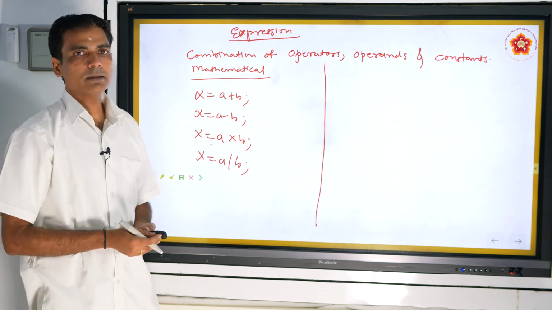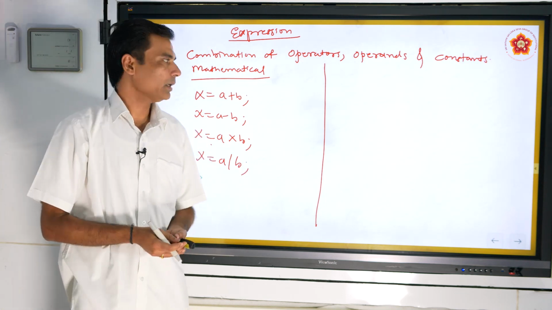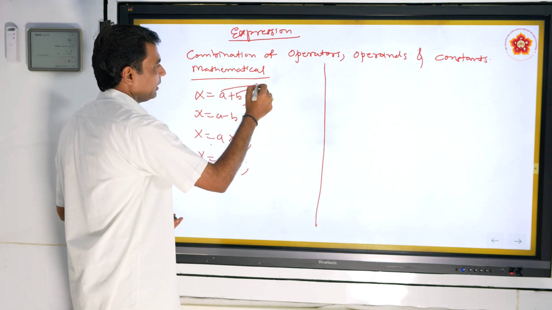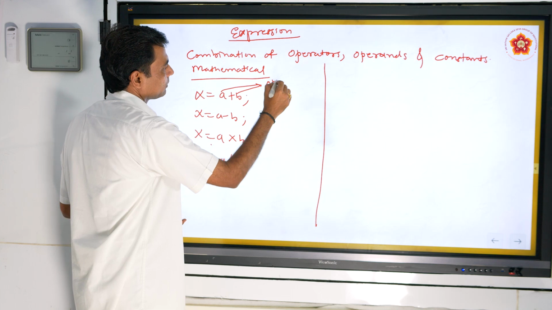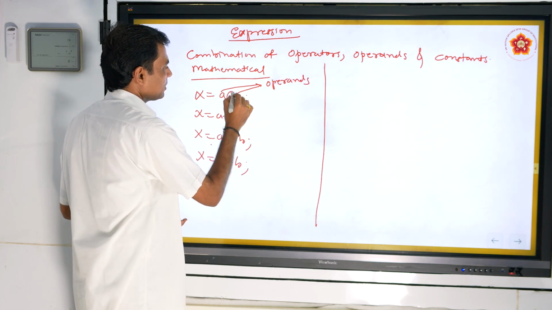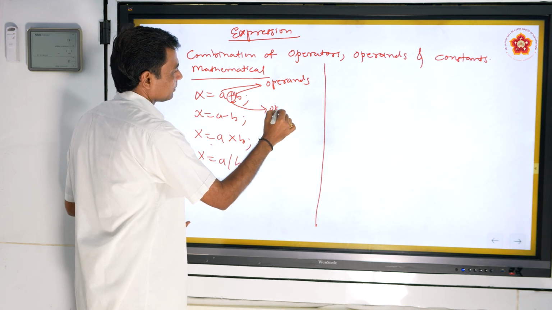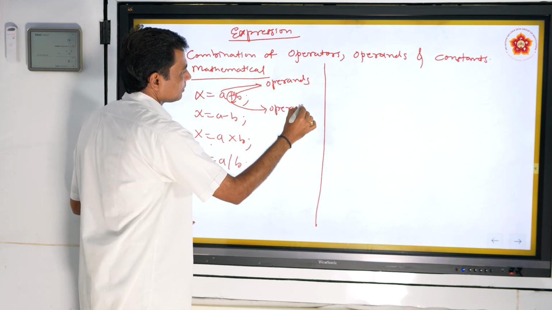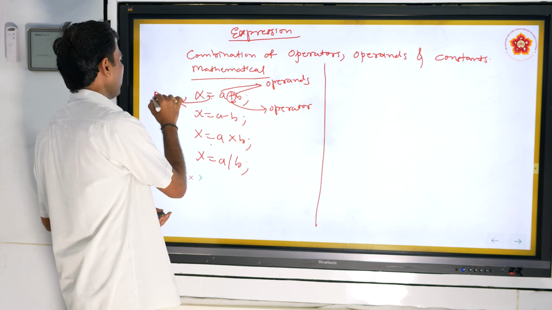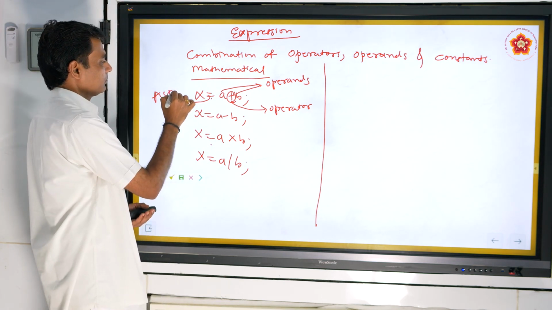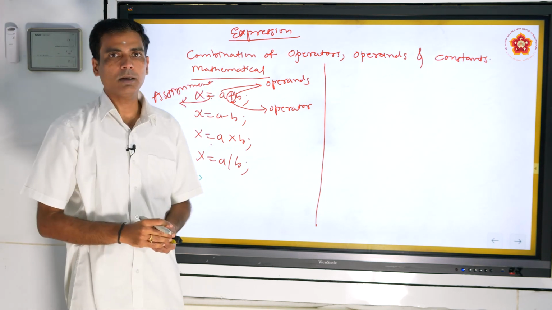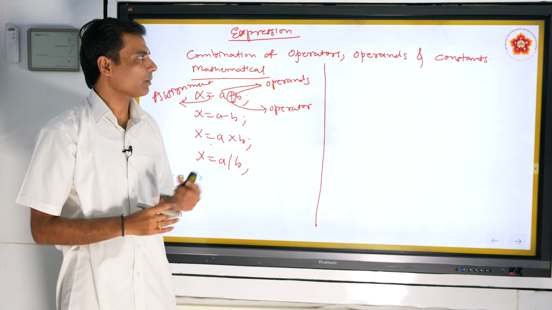These are the simplest mathematical expressions that we know, and here a and b are operands, and this is an operator, and this is also an operator, we call it the assignment operator. This is a very simple form of expression.